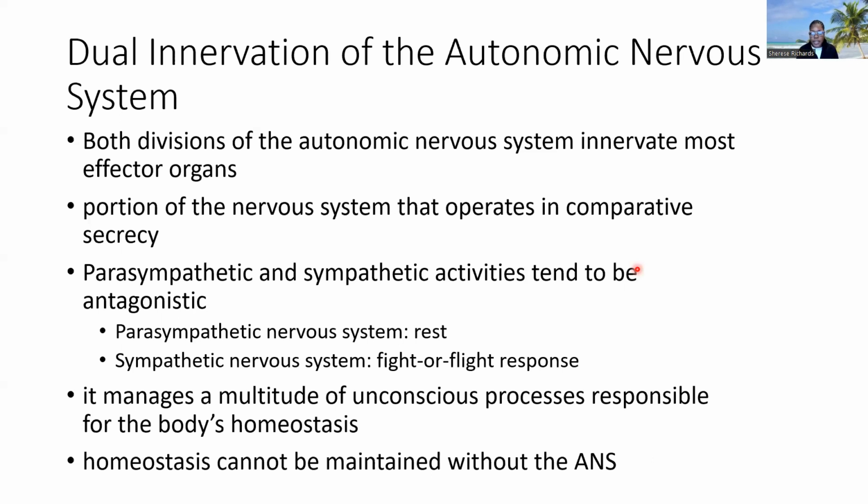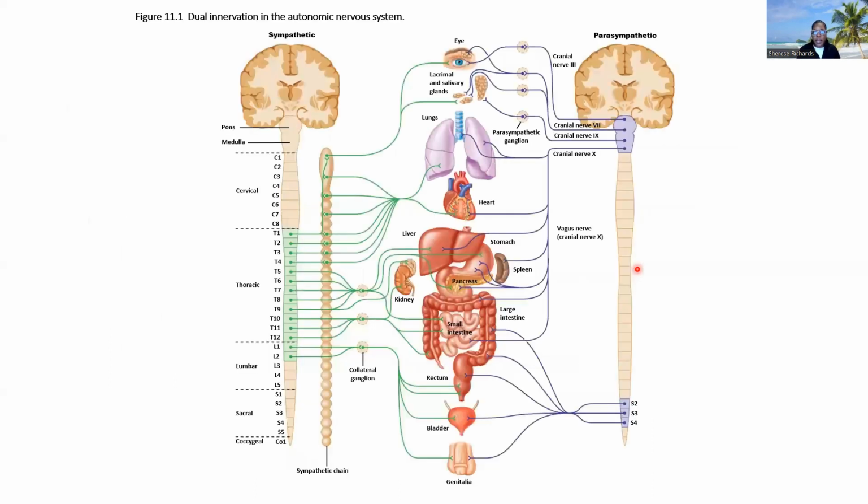And so it's really important to think about the autonomic nervous system as being a crucial part of maintaining homeostasis. And that feedback loop that we talked about, going from the sensors, receptors, up to the integrating centers and out to effector organs, the effector organs that we're speaking about are going to be these autonomic effector organs.